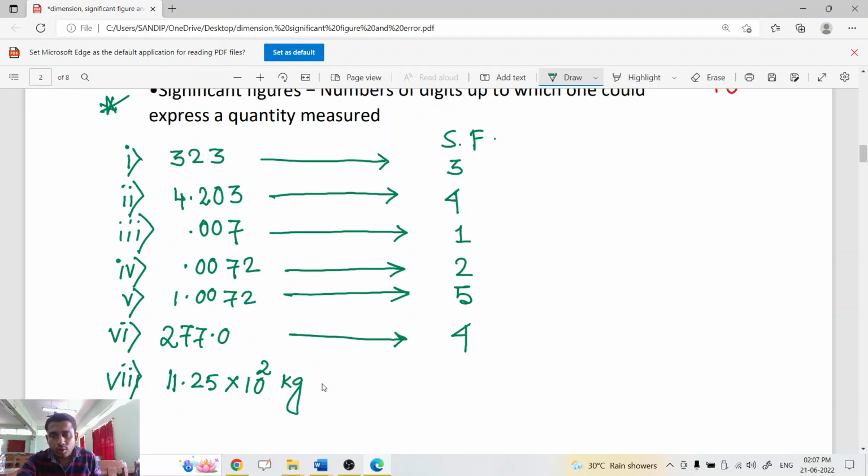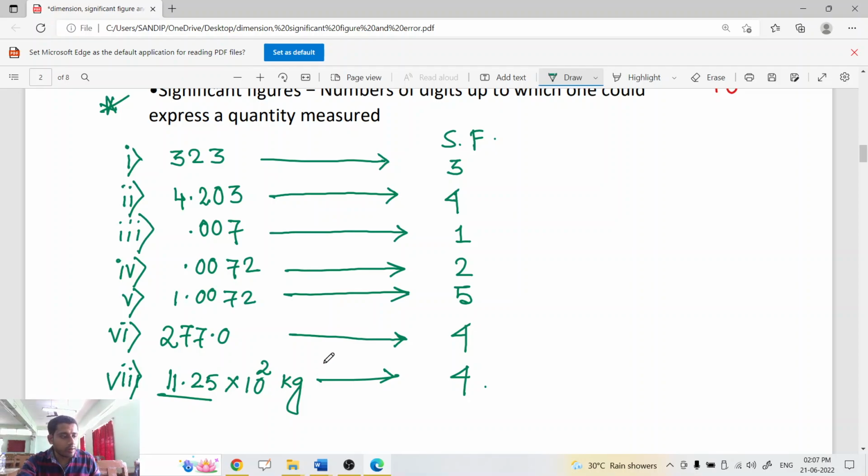So here how many significant figures do you take? You take only 4. So only these digits are counted as significant figures. So these are the rules behind significant figures.